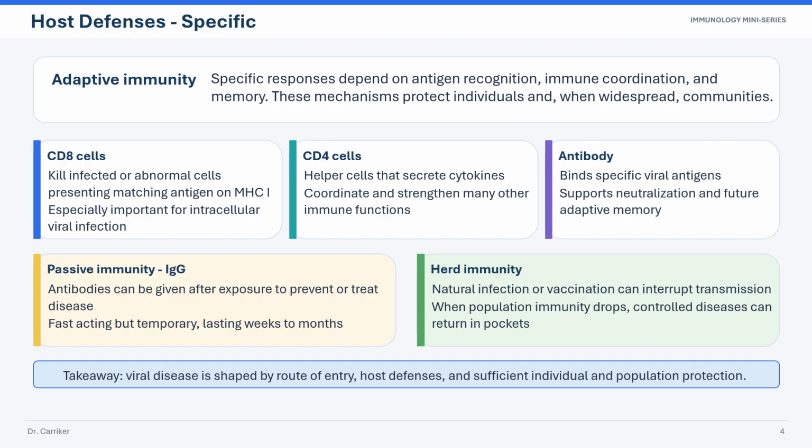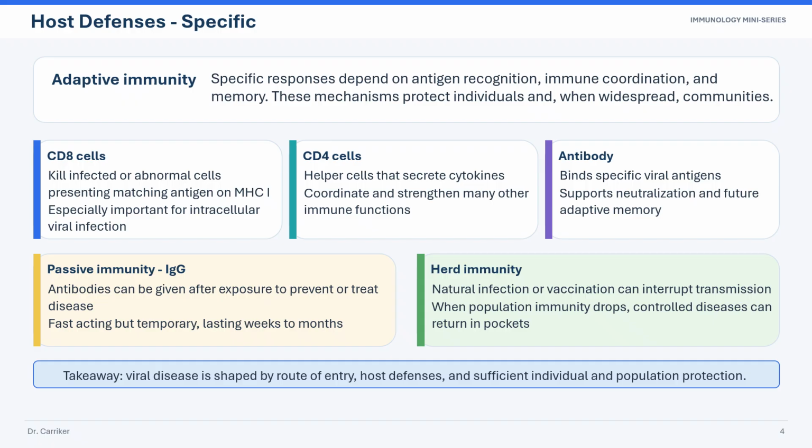When a CD8 cell recognizes a matching antigen on MHC1, it interprets that as evidence that something abnormal is happening inside the cell. The CD8 cell then causes that infected cell to undergo cell death. That sounds destructive, but it is protective because it helps limit viral replication and spread.